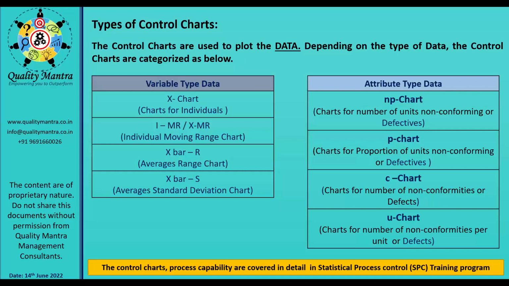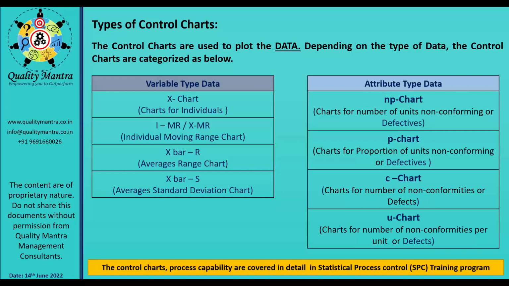But if you want to learn more about the control chart, about process capability, CPK, PPK, all these things are covered in our separate training program of statistical process control, that is SPC. And that training program is almost 9 hours.